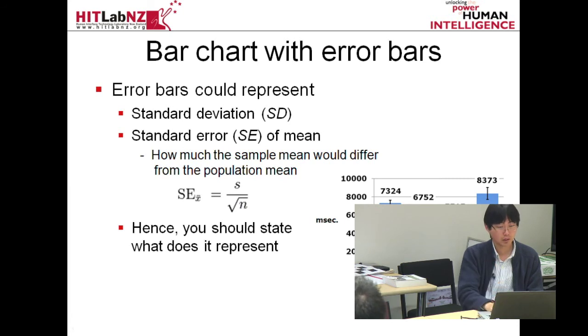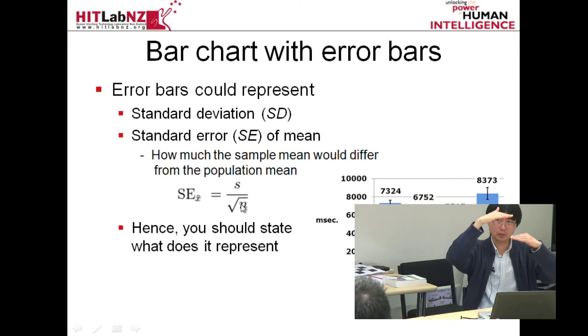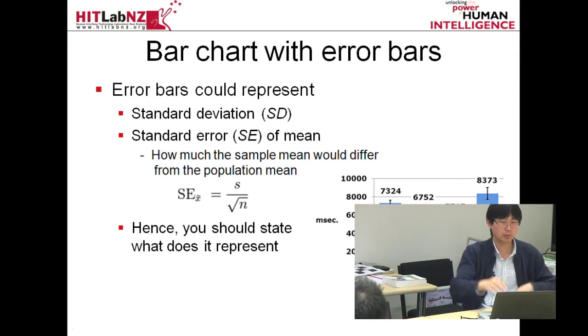It's not just because it's a smaller number so that it looks like a small variability; the meaning itself is actually more correct to report, because the standard error of the mean means how much the sample mean would differ from the population mean.